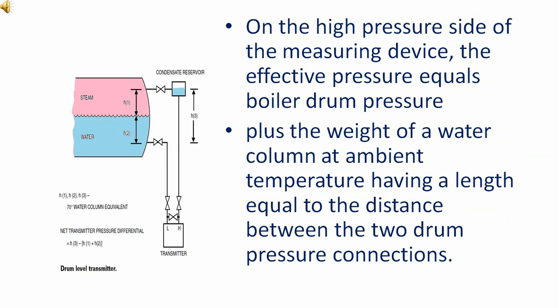On the high pressure side, the measuring device, the effective pressure equals boiler drum pressure plus the weight of a water column at ambient temperature having a length equal to the distance between the two drum pressure connections.